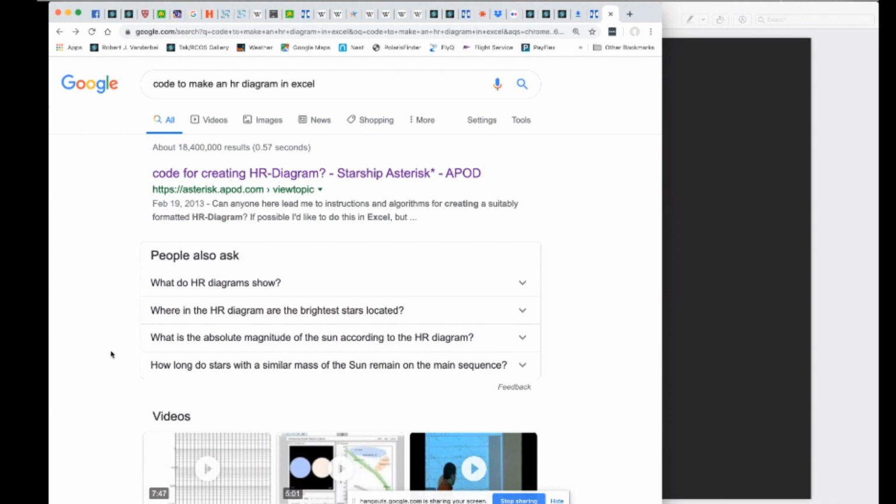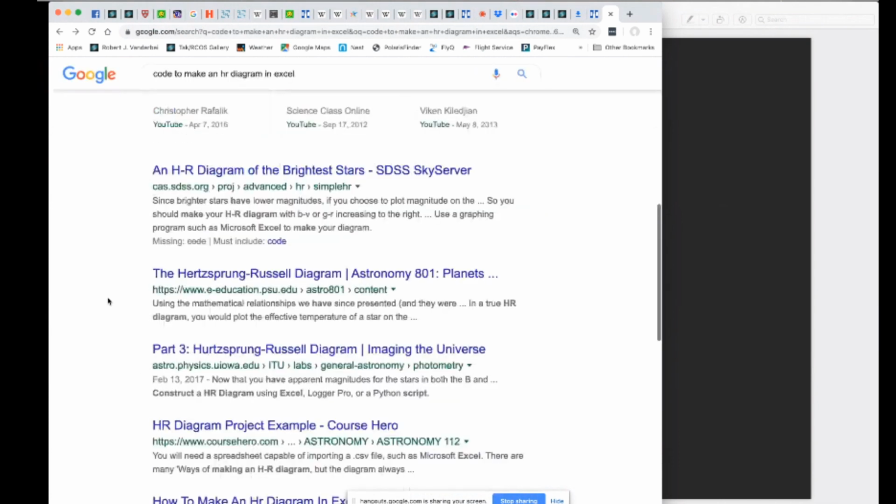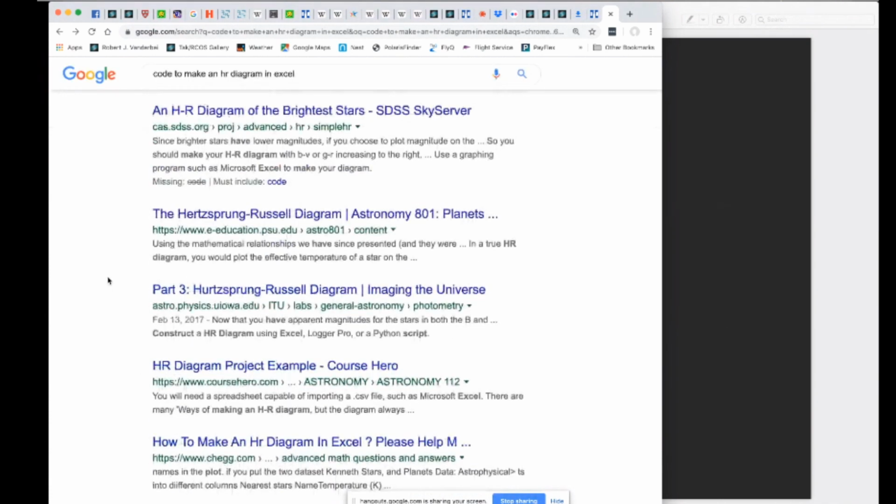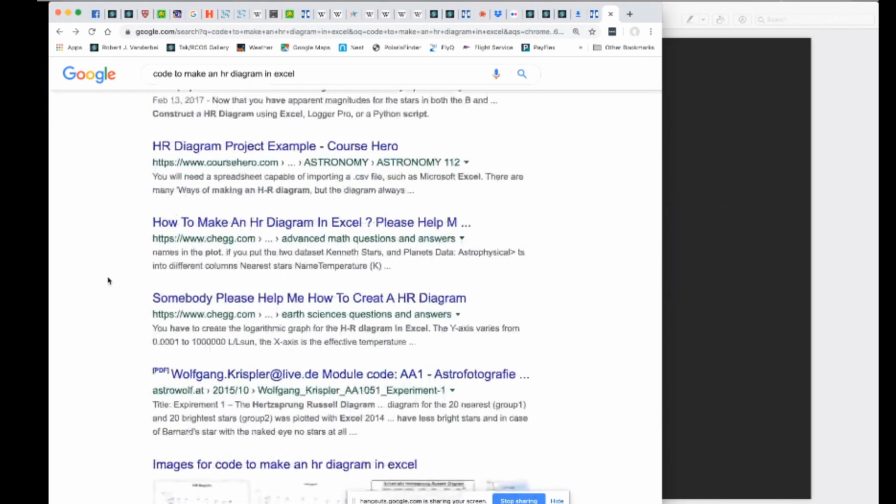Since I don't really care about the units, all I do is get a table of two numbers, the brightness and the color, and then you load them into whatever plotting routine you like, whether it's Excel or MATLAB or Python or Julia, or maybe there are even apps that people have made in the astro world, which I haven't really looked for. But it's just a matter of plotting two things.